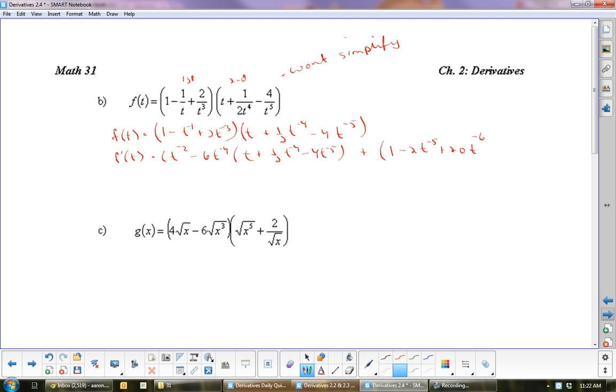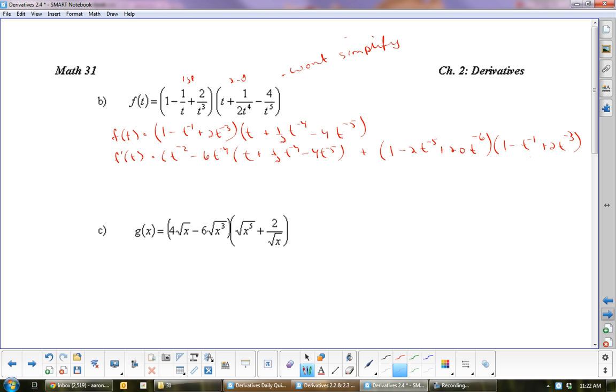Yeah, we all heard him say negative 4, but it really wasn't. Times just your original, 1 minus 1 over t. Well, I guess I should keep it the way it was: 1 minus t to the negative 1 plus 2t to the negative 3.